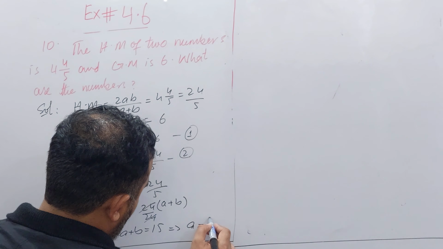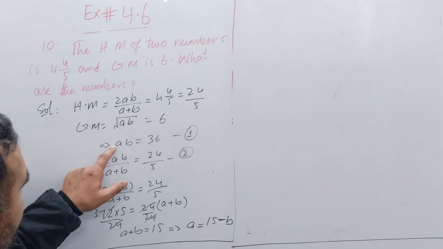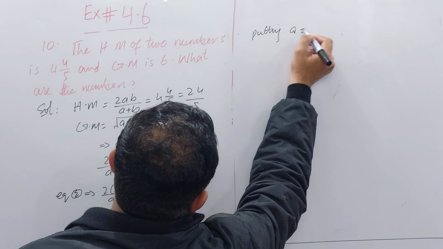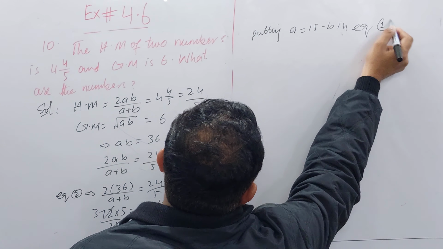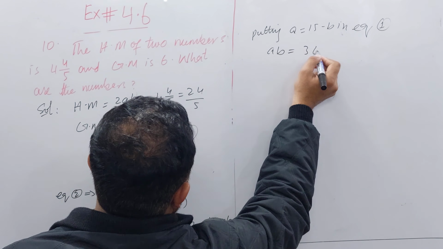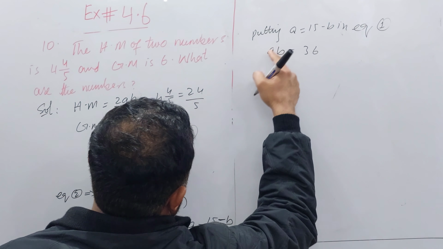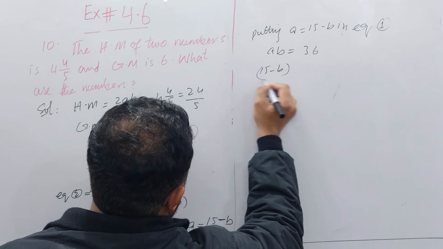A is equal to 15 minus b, and we will put this in equation 1. Putting a equal to 15 minus b in equation 1, which is ab equal to 36, instead of a we will write 15 minus b into b is equal to 36.